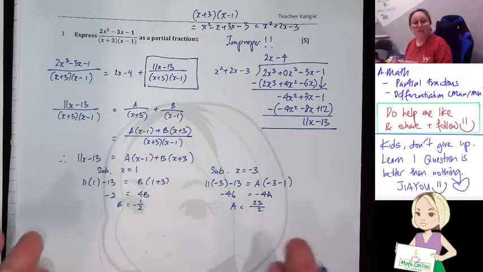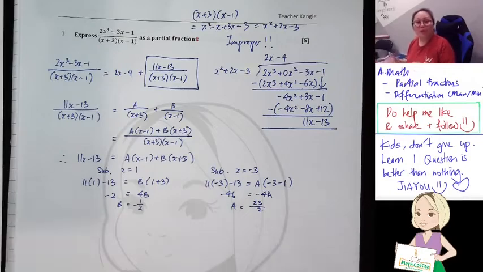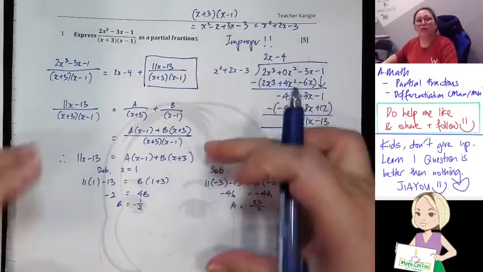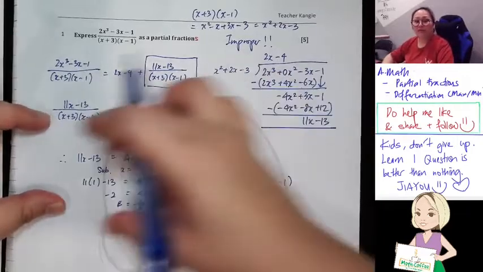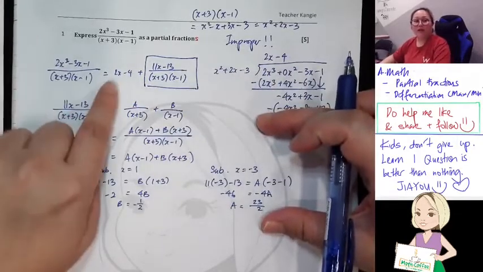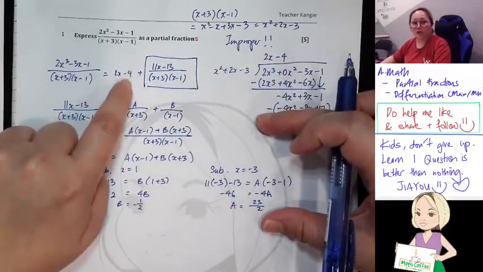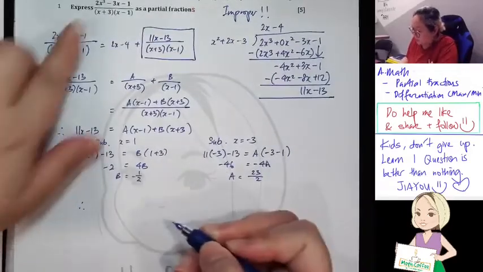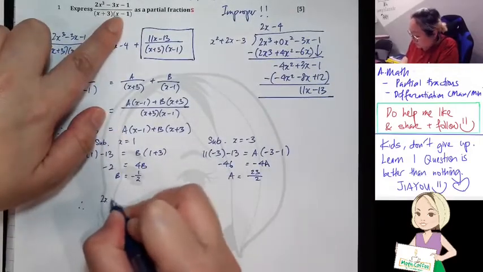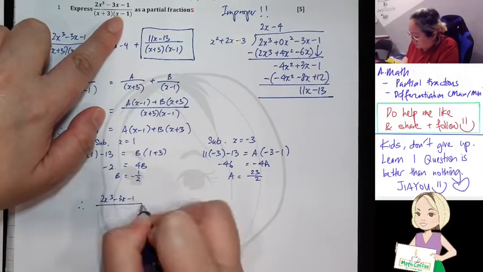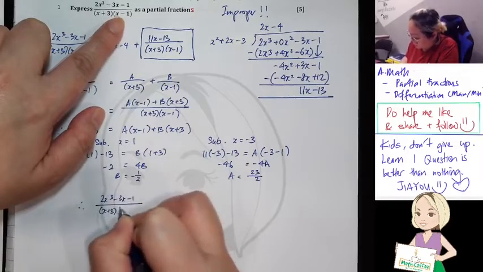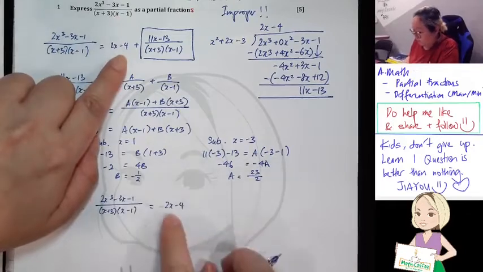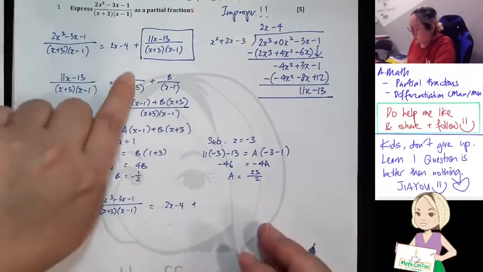So you see, I solved my a and b. Now what you need to do is put it back to this one. A common mistake is that students, when they do the proper side, the 11x minus 13, forget that they still have to show the 2x minus 4. So in the last statement, you will state that, therefore, the original question, (2x cubed minus 3x minus 1) over (x plus 3)(x minus 1), is equal to 2x minus 4 plus, now this one, a.